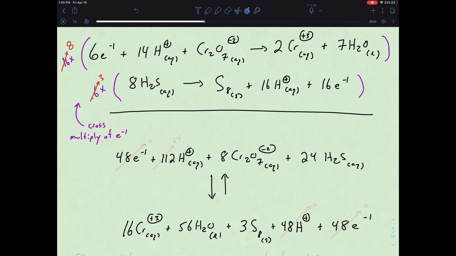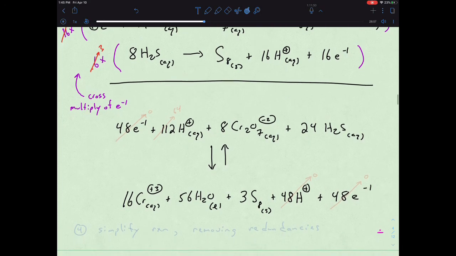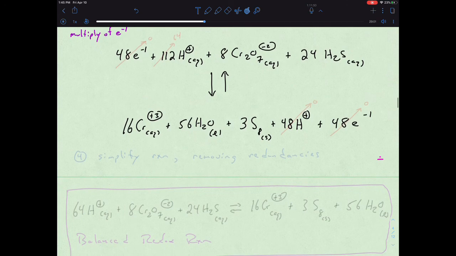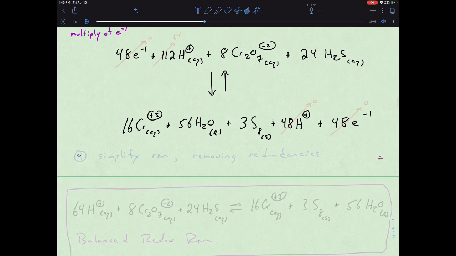And now what we want to do is simplify. In step 4, we want to simplify the reaction, right? Removing the redundancies. If we go up to our reaction, the first thing we should see is that our electrons should cancel out.